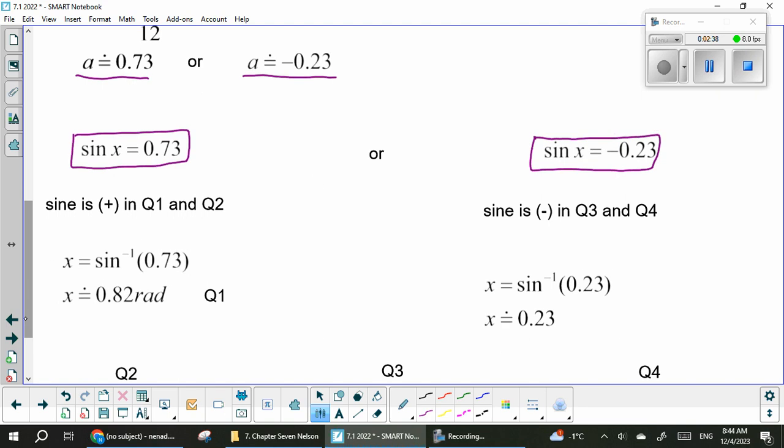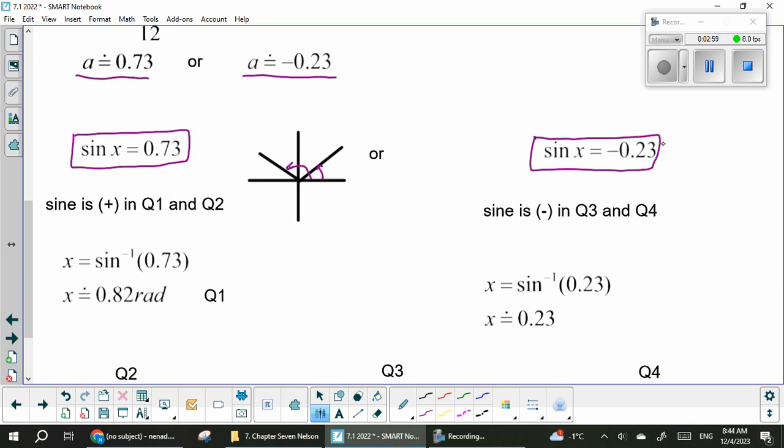If you look at the sine x of 0.73, it's a positive value, so that means that you're looking at something in the first and second quadrant, because of the positive ratio, right? So that's one angle, that's another angle, so that's going to produce 2 angles.